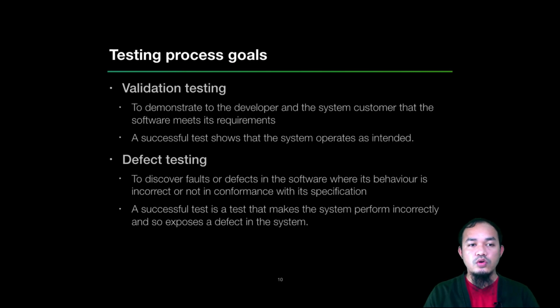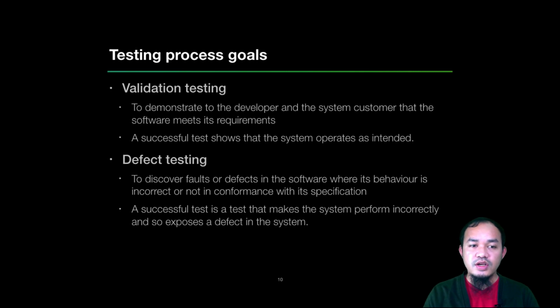Testing process goals. We have two testing process goals: validation testing and defect testing. Validation testing is to demonstrate to the developer and the system customer that the software meets its requirements. Actually, we look back to the requirements of the system, and then see whether the software meets the requirements or not.